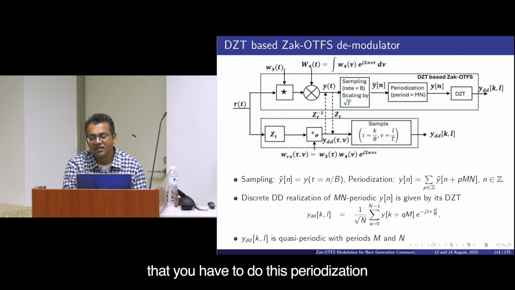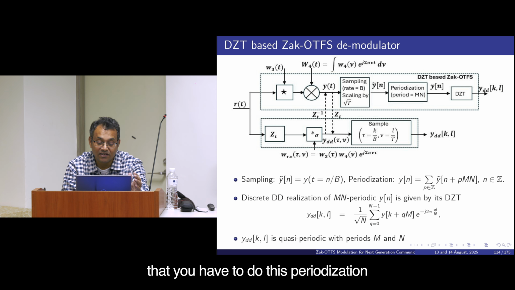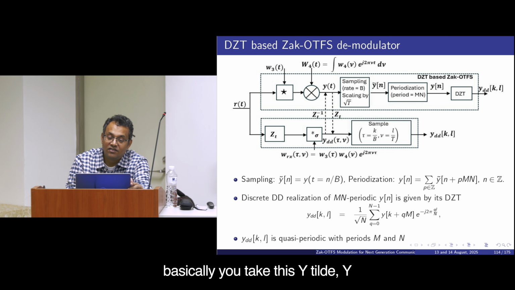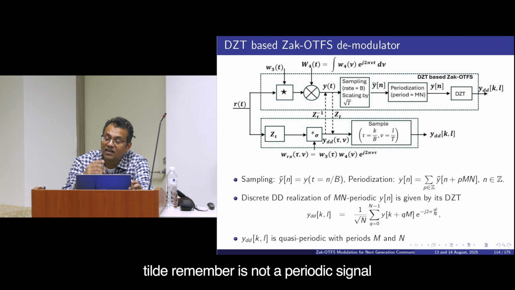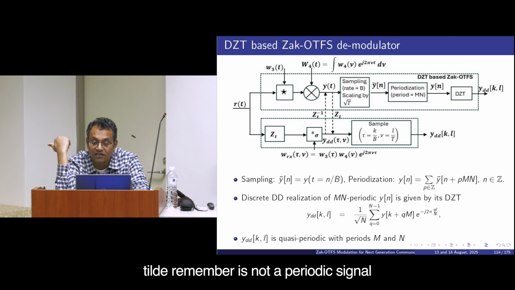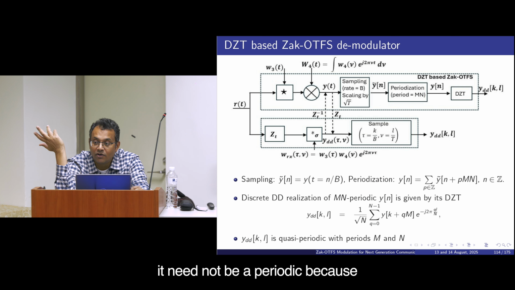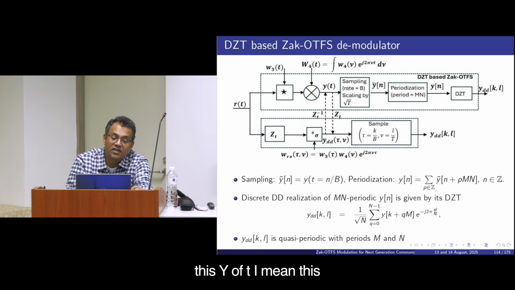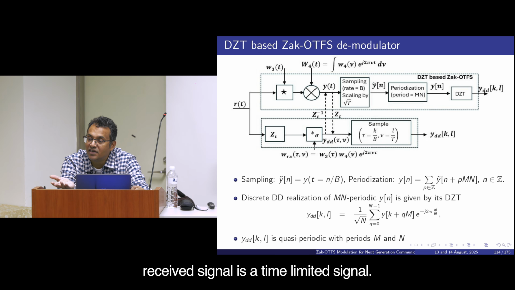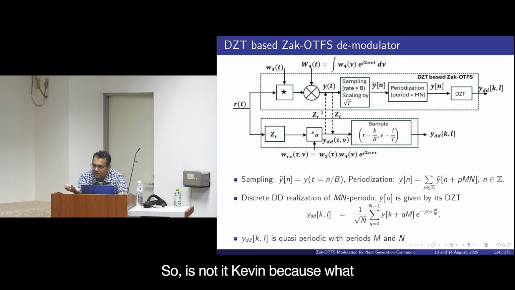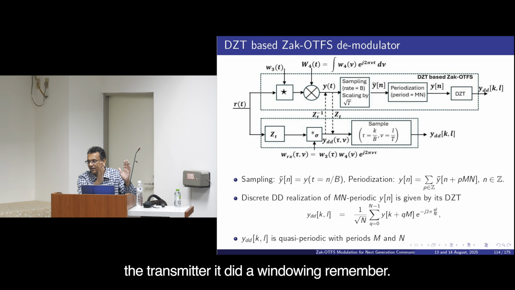After that, you have to do this periodization. Basically, you take this y tilde, remember it is not a periodic signal. It need not be periodic because this y(t), the received signal, is a time limited signal. Is not it, Kevin? Because the transmitter did a windowing, remember.